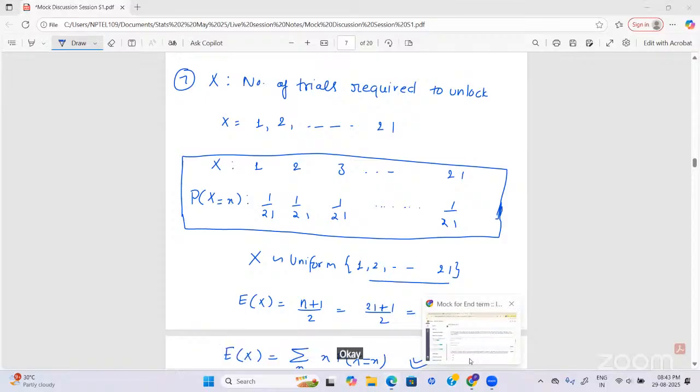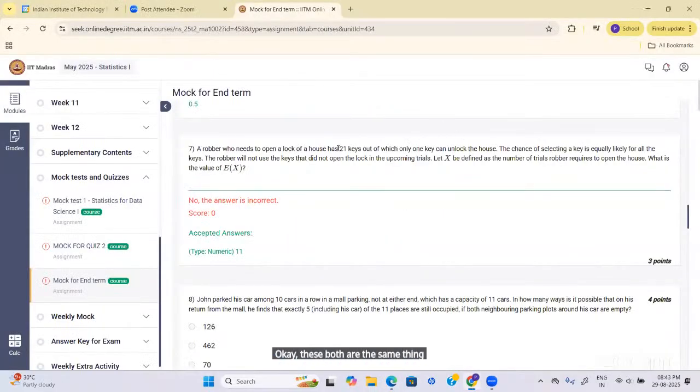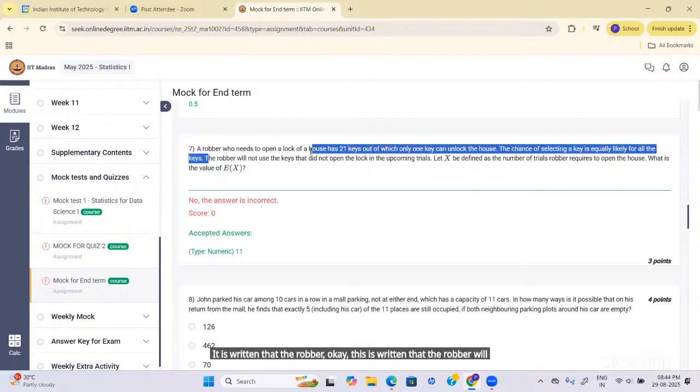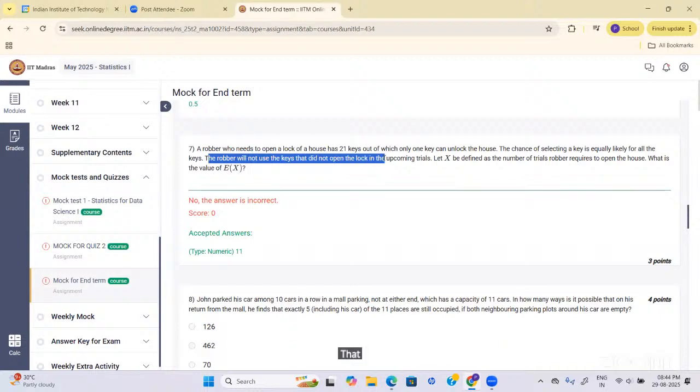Okay, these both are the same thing here. So we have 21 keys. You have to open a lock. You have 21 different keys. So how many trials can you have? It is written that the robber will not use the key that did not open the lock in the upcoming trials.